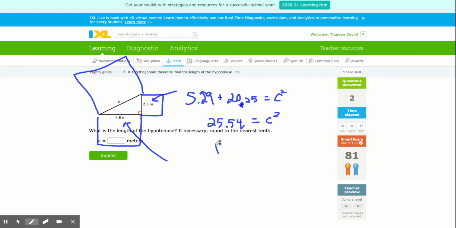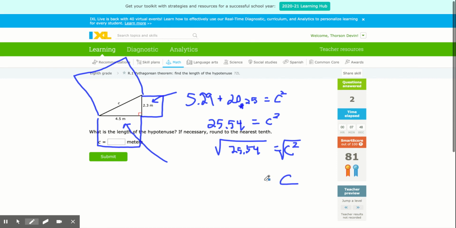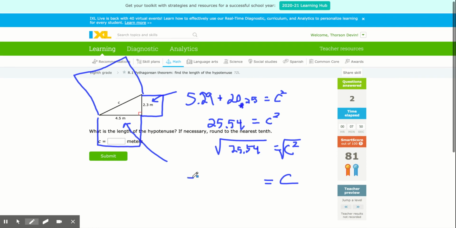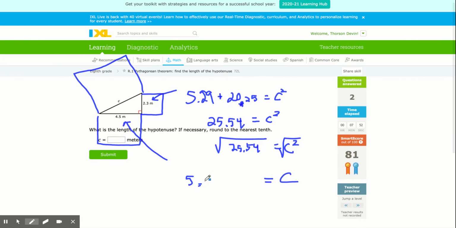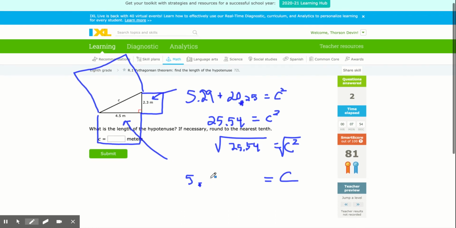So now I'm going to square root 25.54 and find out what that c value is when I square root both sides. So square root 25.54, and I find out that c is equal to 5.053711507.